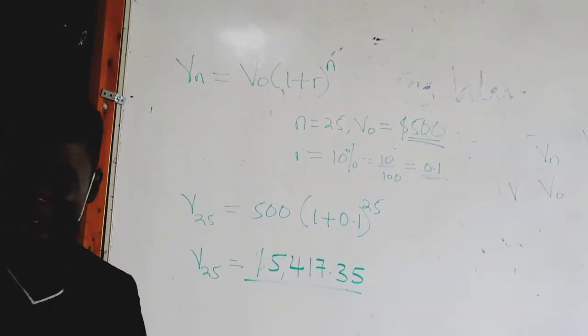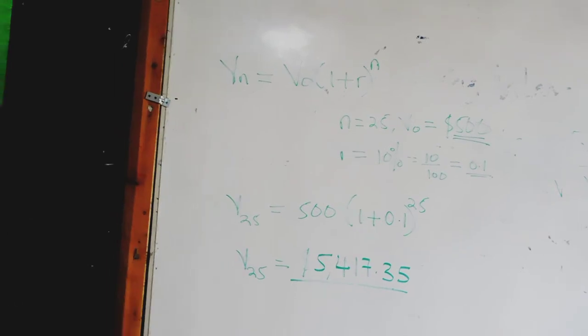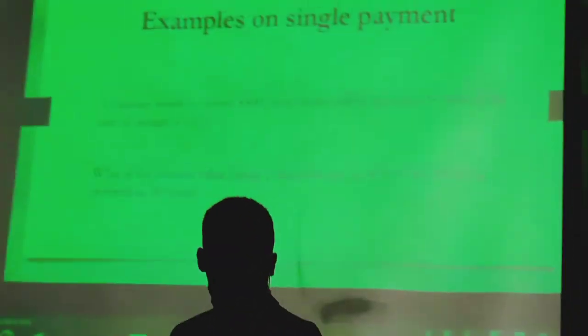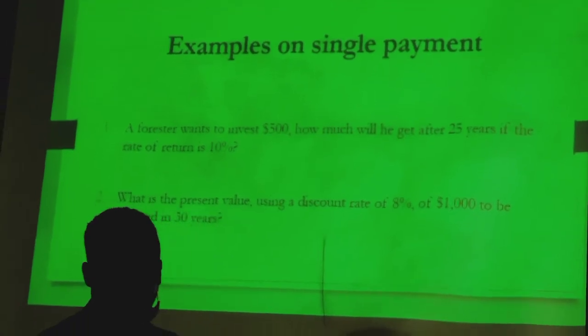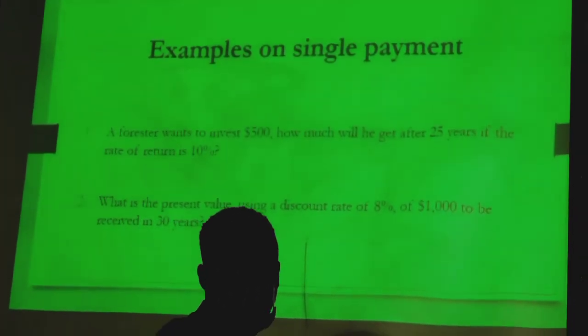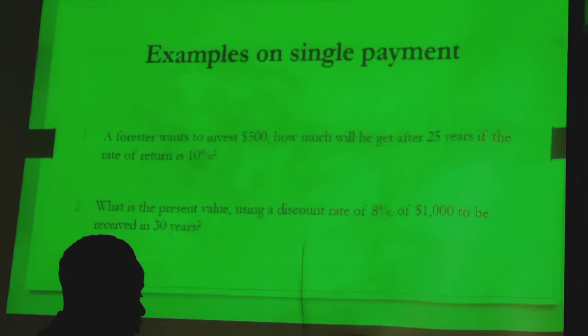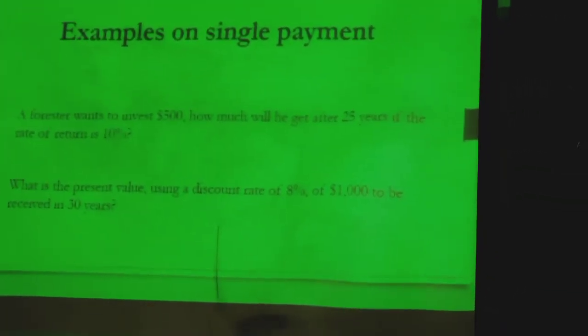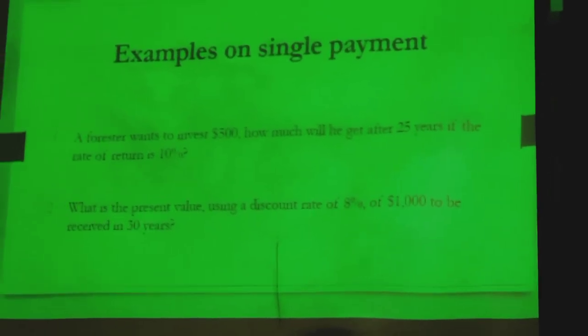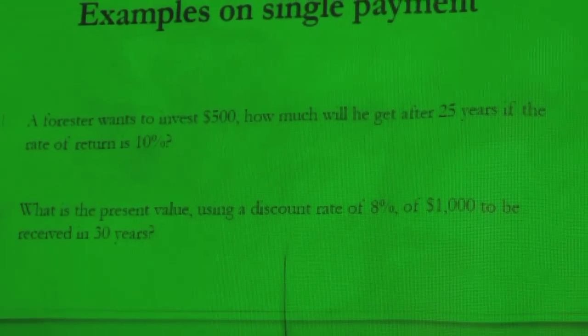Another example. What is the present value, using a discounting rate of 8%, of US dollars 1,000 to be received in 30 years? Now they're asking for a present value, the amount of money now, using a discounting factor. So we can summarize that and then see which answer we are getting.